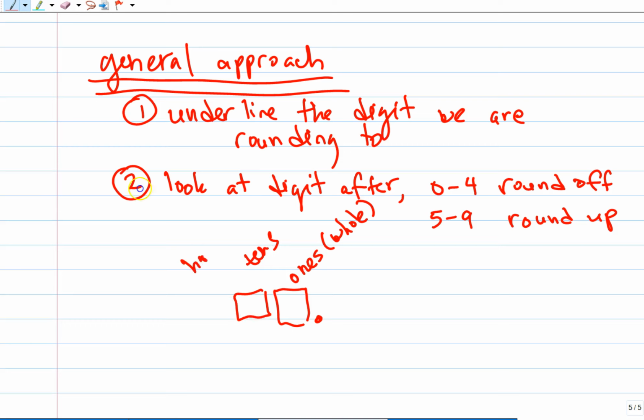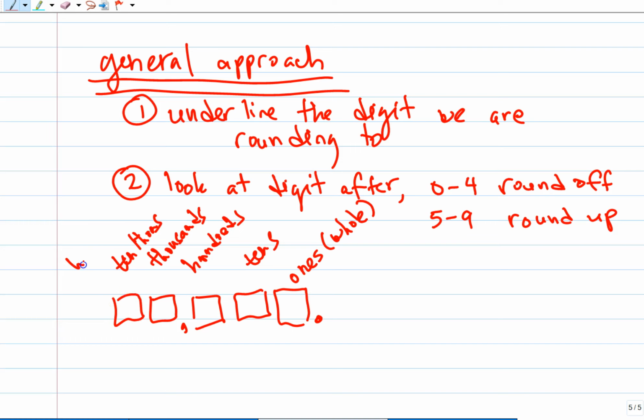After the tens are the hundreds. After the hundreds, we put a comma and we put thousands, then tens of thousands, and 100,000s, and then a comma, millions, and so on and so forth.